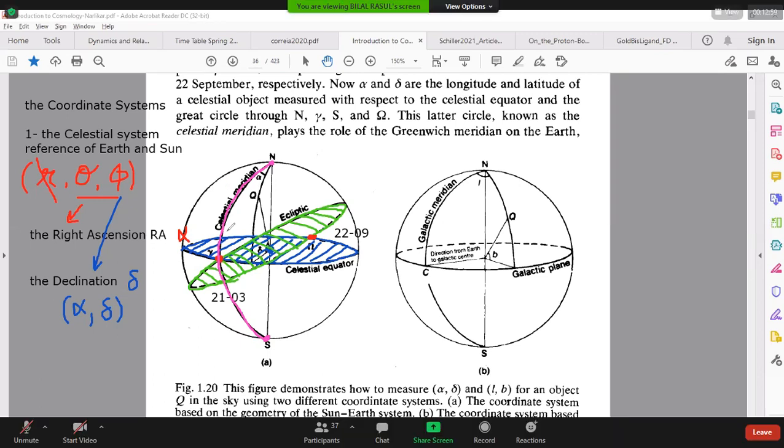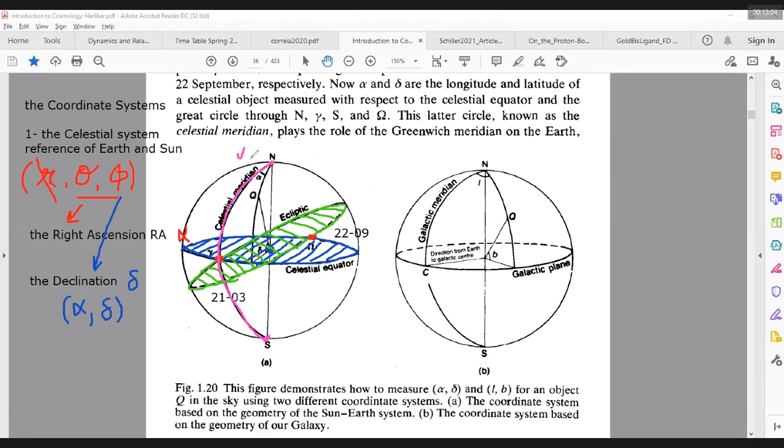So on the celestial meridian, alpha is 0, and then as the object is located on the celestial sphere, the alpha goes on increasing in the counterclockwise direction like this.